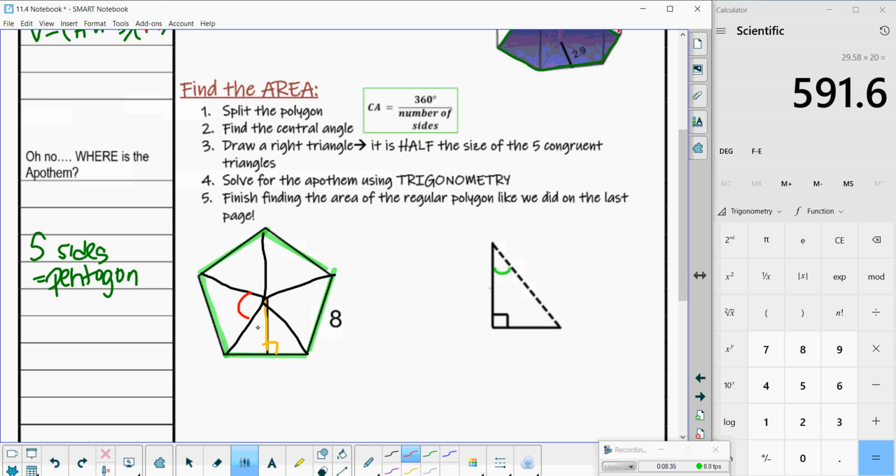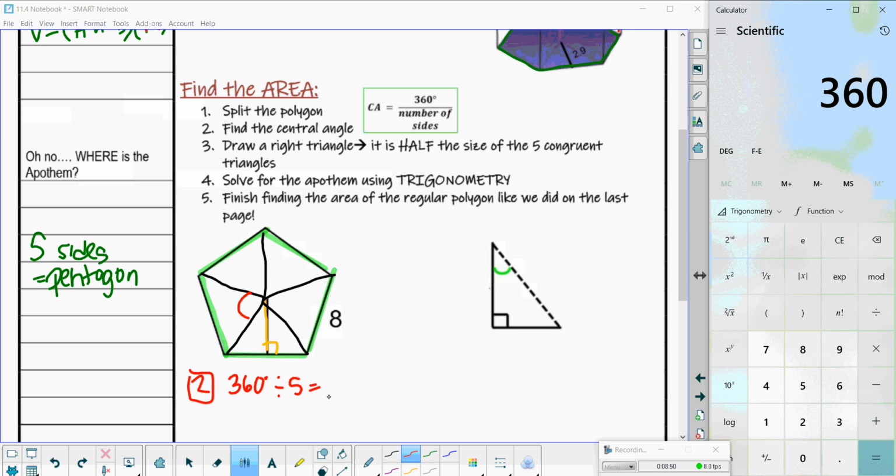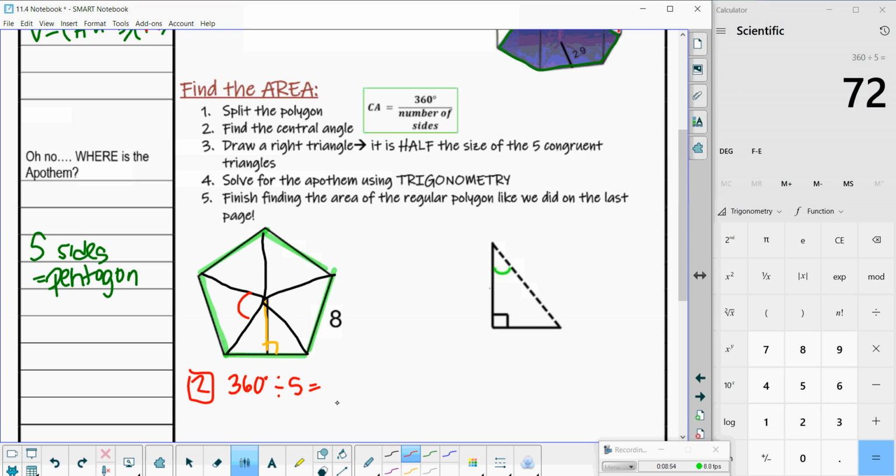And so for step 2, we're going to take 360 divided by the number of sides, which here is 5. So 360 divided by 5 is 72. So 72 degrees, 72 degrees. All right, step 1 and 2 are taken care of.